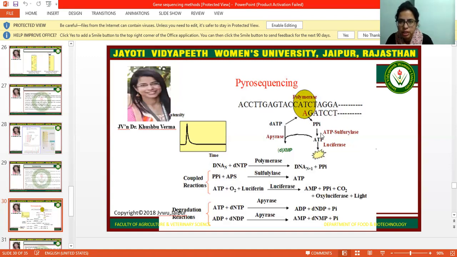This PPi reacts with the ATP sulfurylase and creates the ATP molecule, and this ATP further reacts with the luciferase and generates the light. On the other hand, the dATP, if it reacts with the apyrase, will go for the dAMP reactions.